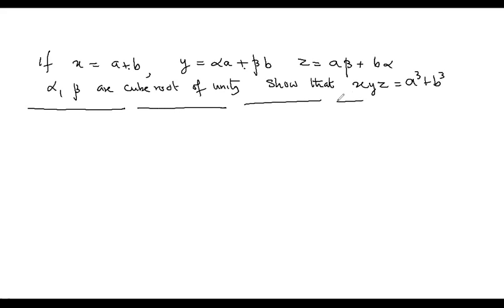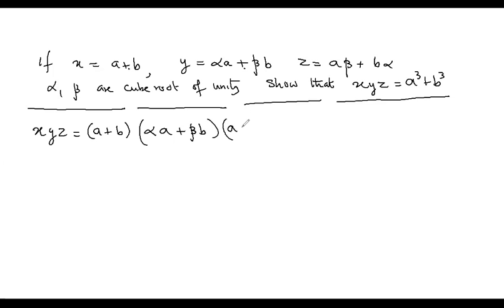So let's start with it. x into y into z. x is a plus b, y is alpha a plus beta b, then next is a into beta plus b into alpha. Alpha is your omega and beta is your omega square, so substitute that.